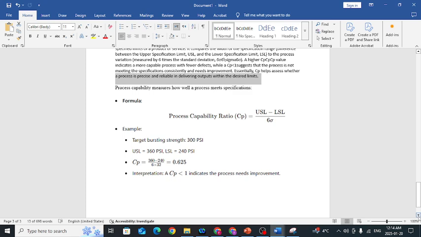Interpretation of the process capability. When process capability is lower than 1, as I told you, it indicates the process needs improvement.